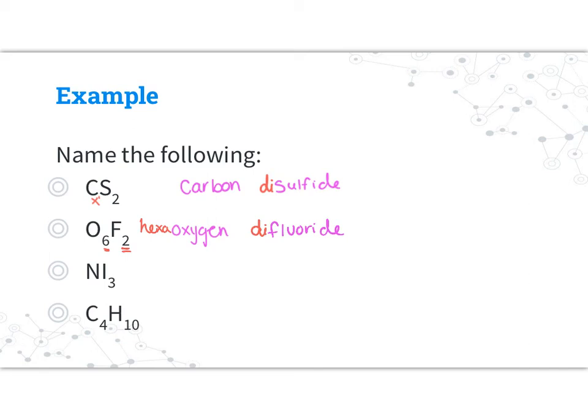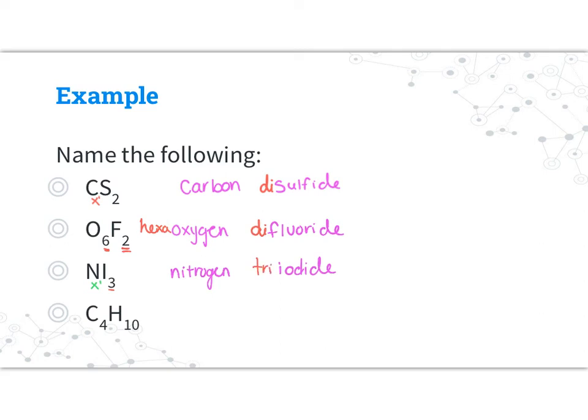Next up, nitrogen, written as is, and then iodine, changing its ending to "ide." So iodide. Nitrogen has a subscript of 1, and because it's the first element, I'm not going to include mono. However, on iodine, there's a 3, so we need to include the prefix tri.